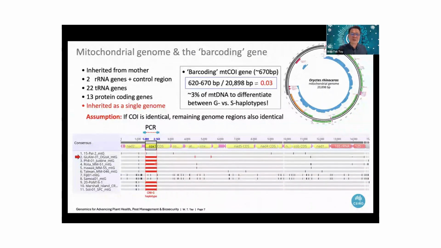We shouldn't be doing that. If we had chosen the other section of the CO1, we would be saying that every individual would have the same Guam signature. So having a limited DNA region as a marker can be quite dangerous when we are using it to infer invasion history.